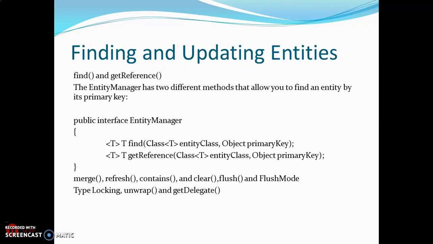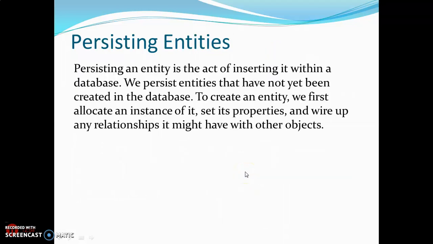So how do we find and update the entities? We find things by making use of the find function, and here we are using generic type variables for all this. Then we get the reference of it, and using it we can make use of the merge function, refresh function, and contains for checking the contents of the particular employee. Then we clear and flush the changes into our database.